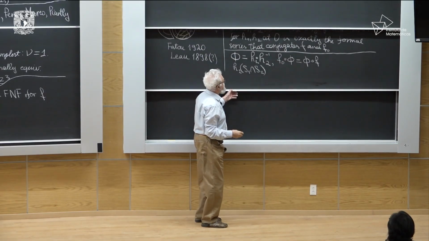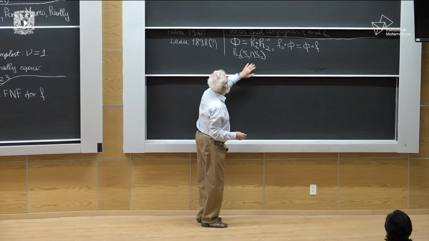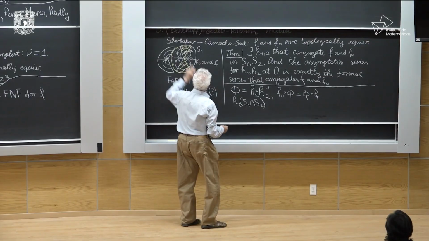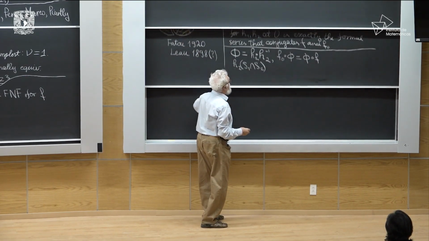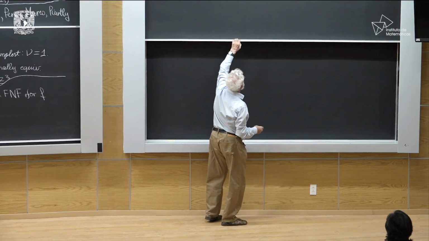And second, in some appropriate coordinates, you see the intersection has two components. So in appropriate coordinates, the intersection also has two components.